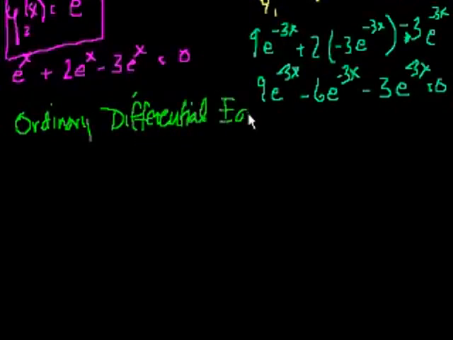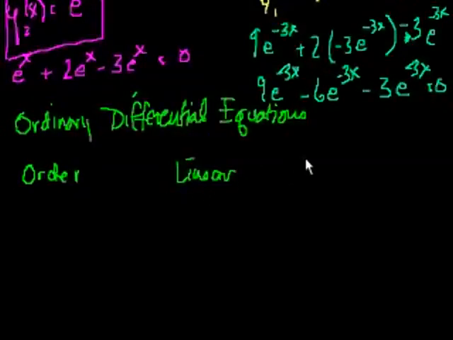Now, within ordinary differential equations, there are two ways of classifying, and they kind of overlap. You have your order: what is the order of my differential equation? And then you have this notion of whether it is linear or nonlinear. I think the best way to figure this out is just to write down examples.